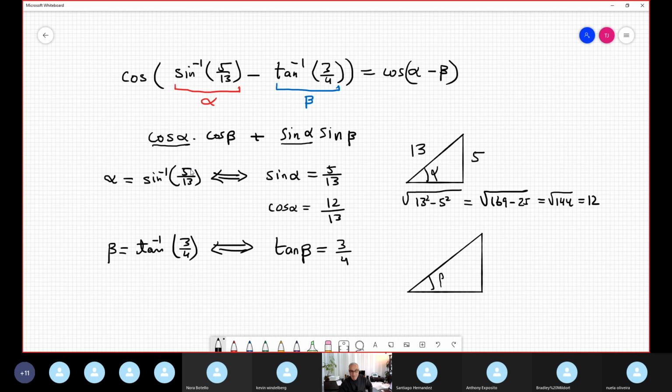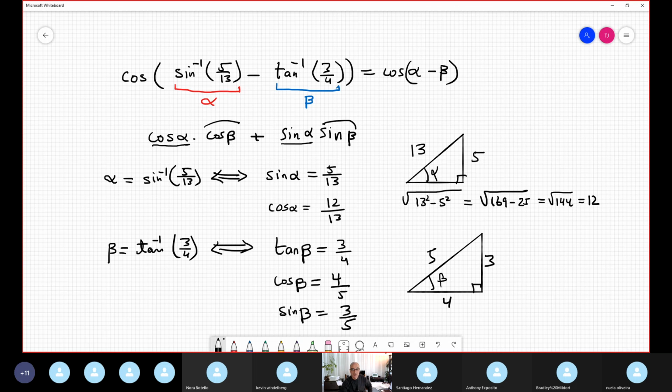It's beta, 90 degrees. And the definition for the tangent is opposite over adjacent. And this is the famous 3-4-5 triangle. Yes or no? If you want to compute, you can, but it's not necessary. Entonces, I need in the formula for beta, cosine and sine. Cosine beta is 4/5, adjacent over hypotenuse, and sine beta is 3/5.